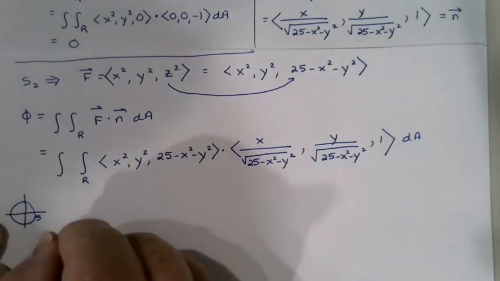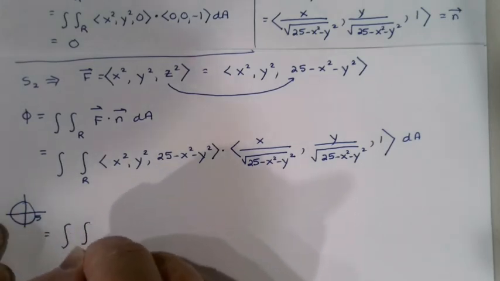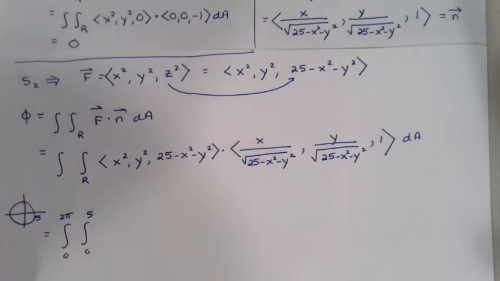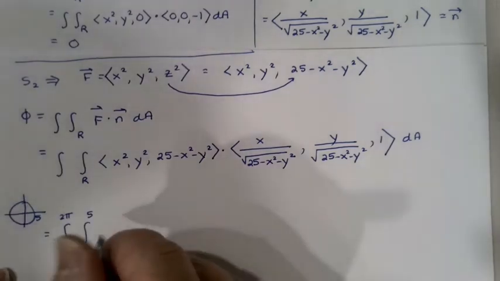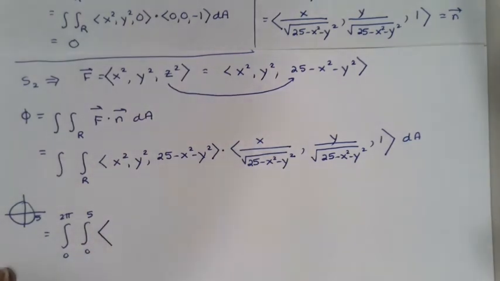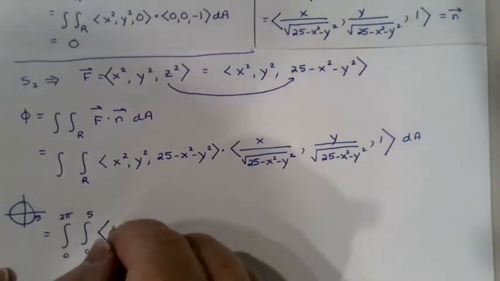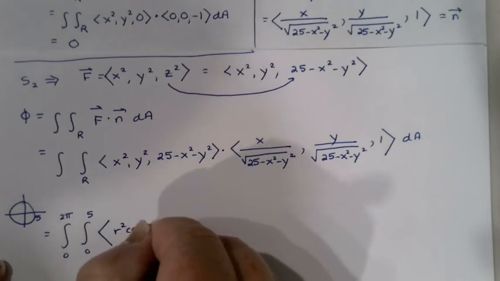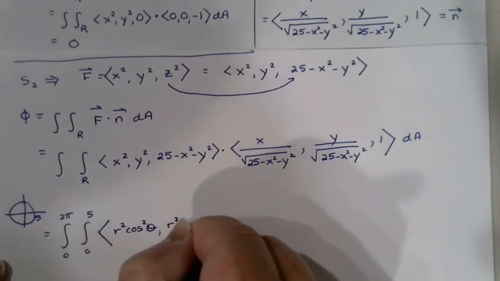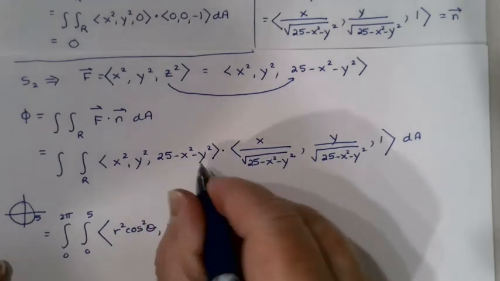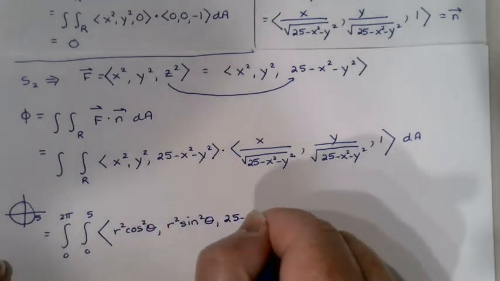So let's try some polar coordinates, 0 to 5 and 0 to 2 pi. And this would be r squared cos squared theta, r squared sine squared theta, and that'll be 25 minus r squared.